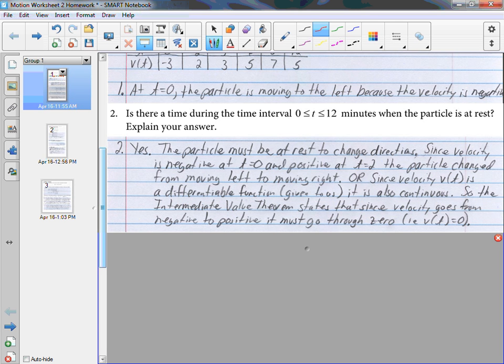And if you forget the name of the intermediate value theorem, what do you do? Just write the theorem out. Just write your explanation without stating the theorem. So do both of those ways make sense to you? Are they essentially the same explanation?